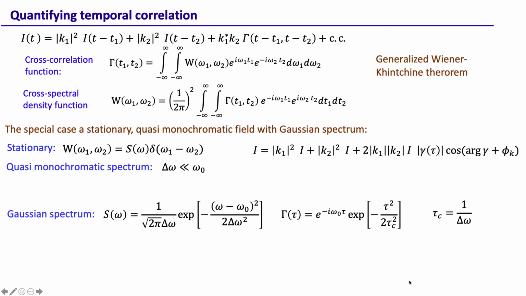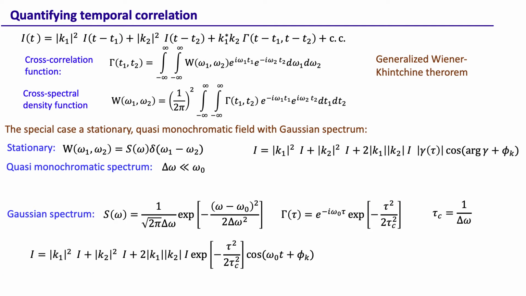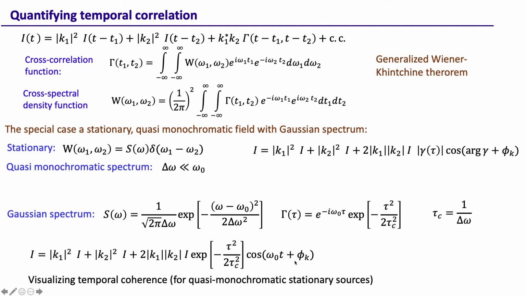For this example function, we can write the intensity at the output port of the interferometer as this, with the degree of coherence function, and that's our cosine function.